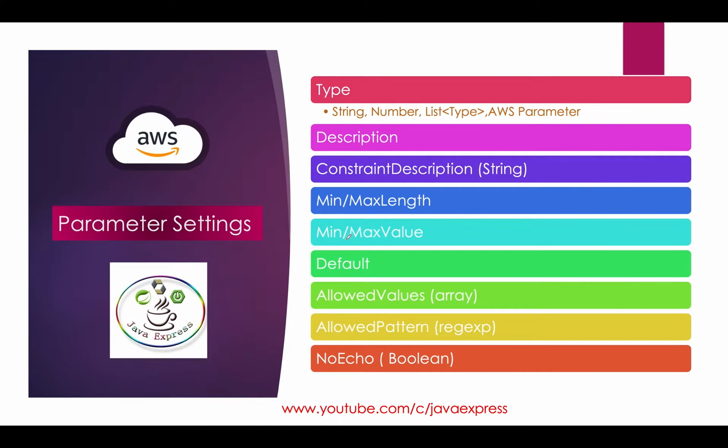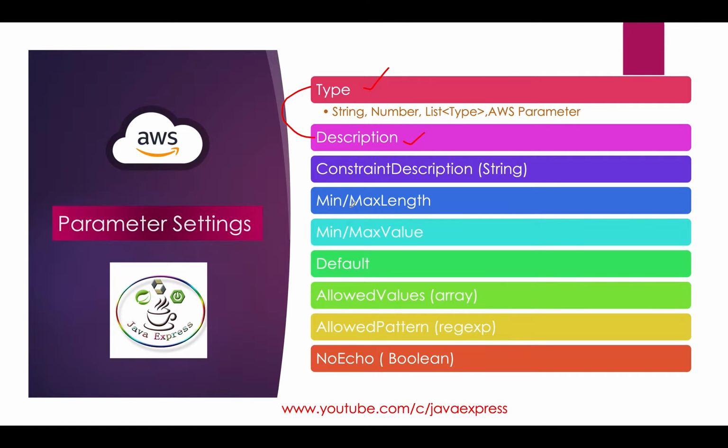And parameter settings, I already explained. The type should be a string, a number, a list, or anything. That is called a type. The type is mandatory for each parameter, and you should also provide a description. It is best practice to provide these two. Apart from that, you can provide minimum length and maximum length, if you want to provide a range.